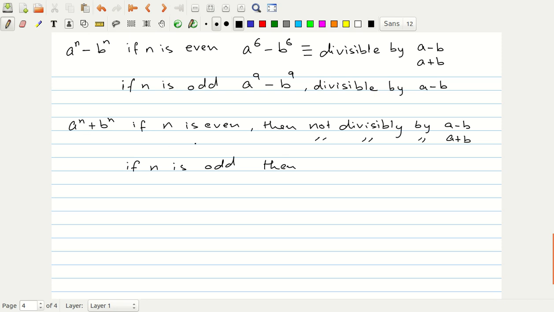For example, if this was a to the power 10 plus b to the power 10, we can see that this will not be divisible by a minus b or a plus b. However, if n is odd, something like a to the power 5 plus b to the power 5, right? In this case, it is divisible by a plus b.